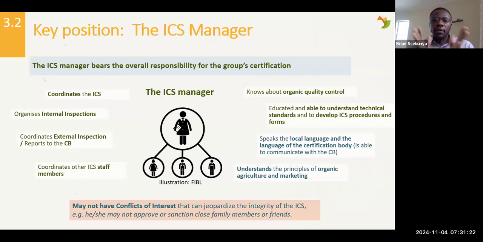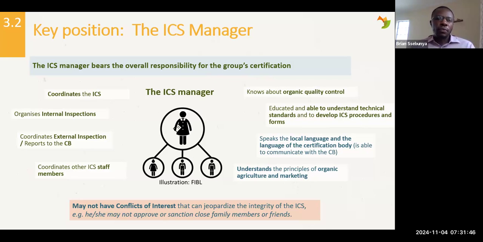Again, we just emphasize, as I've mentioned, the ICS manager bears the overall responsibility for the group of operators certification. So really, it is within your hands as the ICS manager to ensure that things are happening, and ultimately that the group of operators can maintain their certificate.